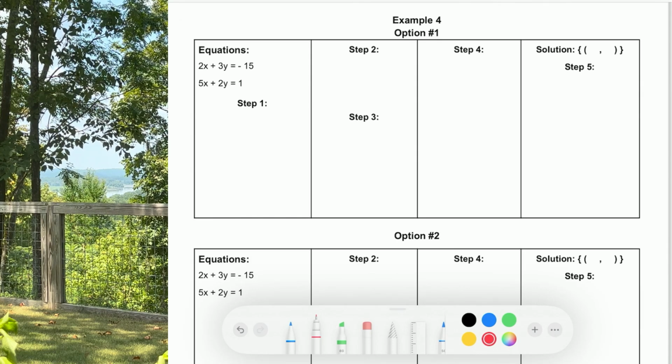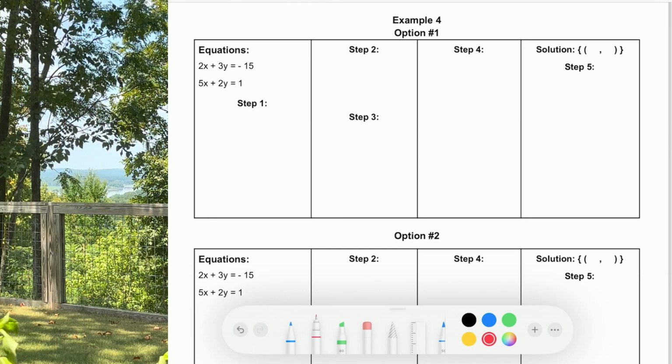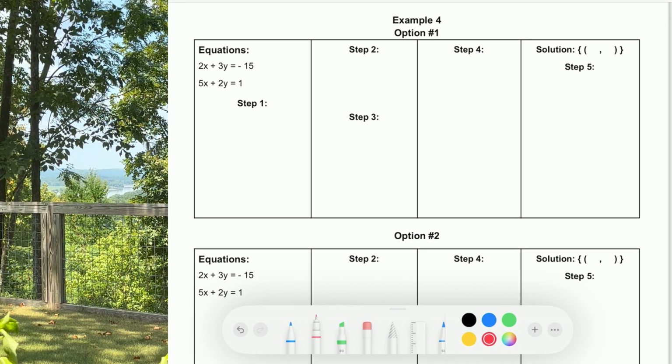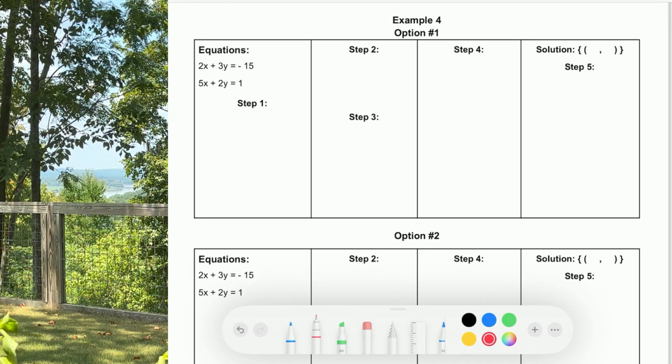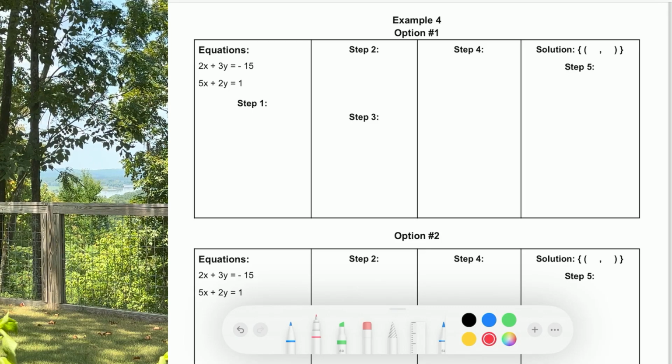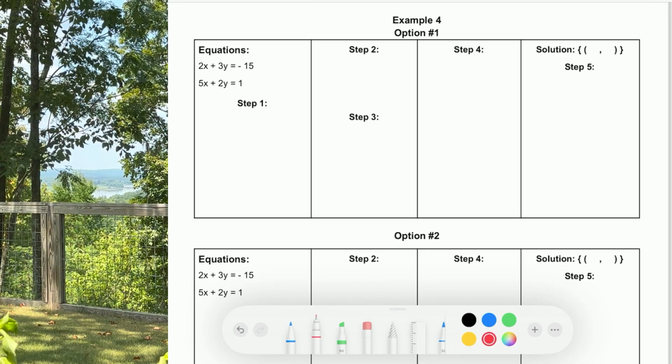Example 4, we're going to go through this problem twice. The reason is because I want to show you option 1 and option 2, to show you that it doesn't really matter which one you pick, both will work, okay? So in option 1, let's look at our equations.